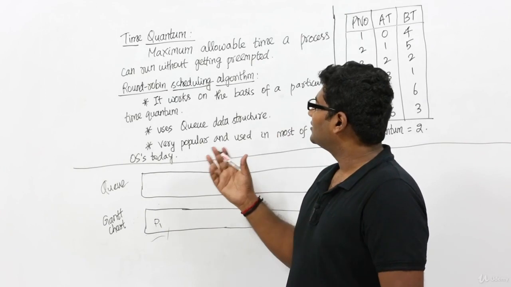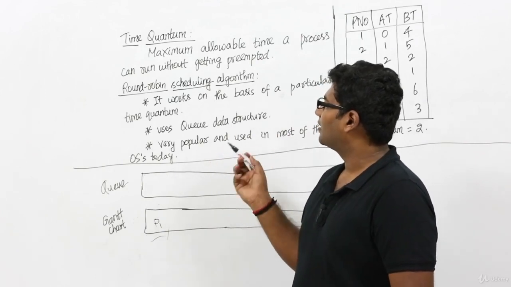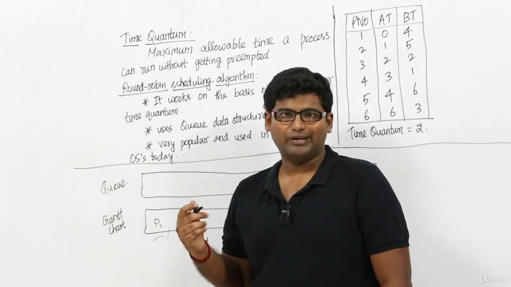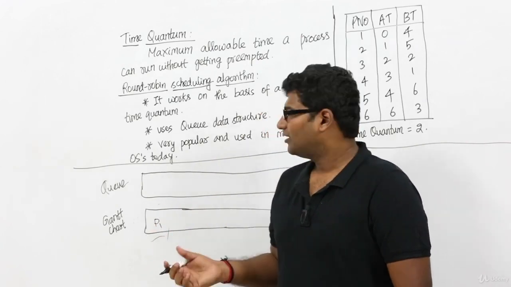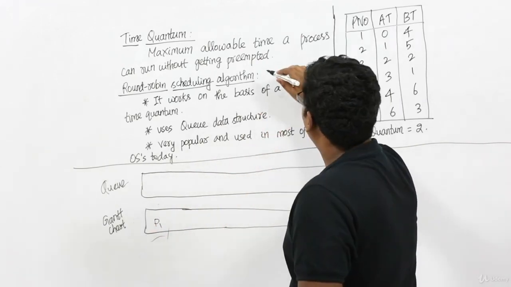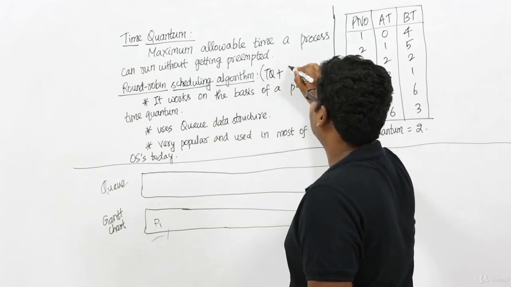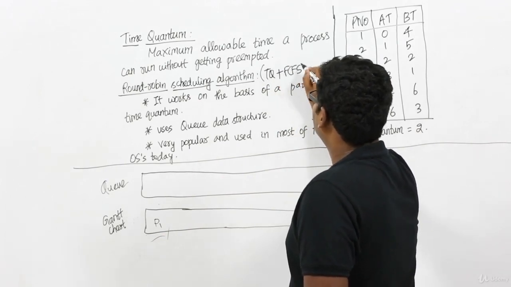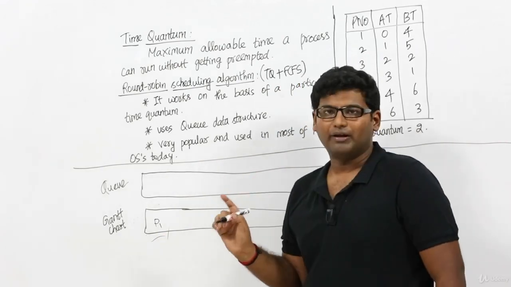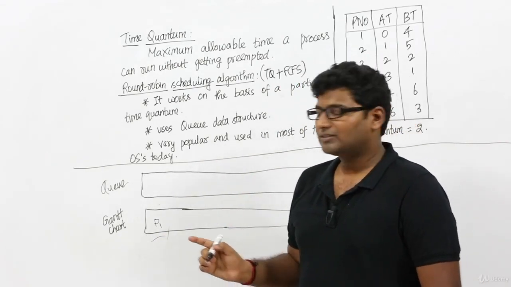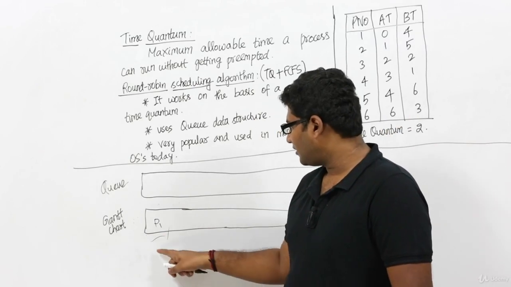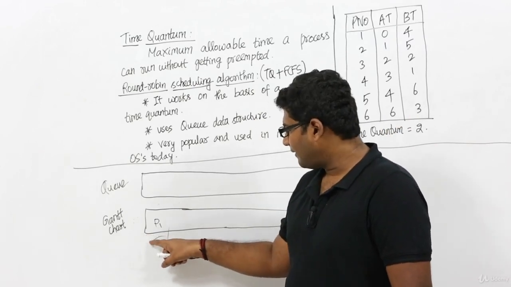But coming to the round robin scheduling algorithm, that is not the case. It uses something called a time quantum. One more important point: round robin is a combination of time quantum plus first come first served. It uses the first come first served scheduling algorithm, but in first come first served, whenever we start a process, we complete its execution.